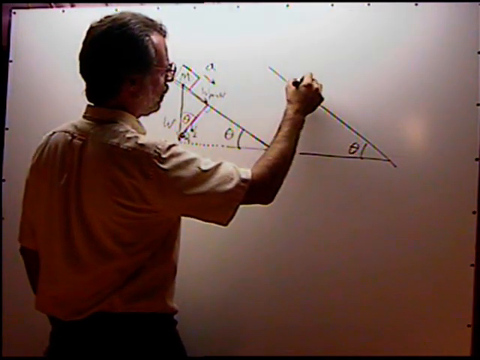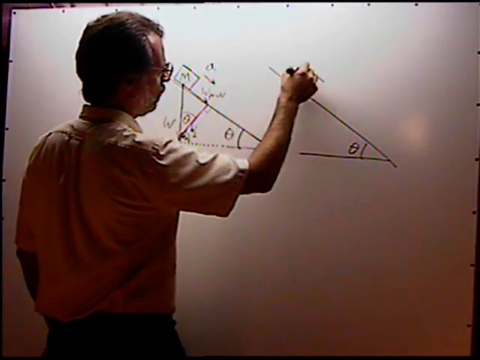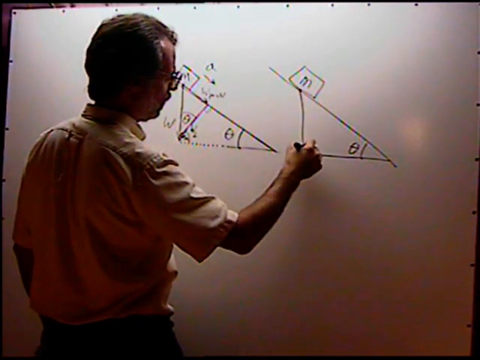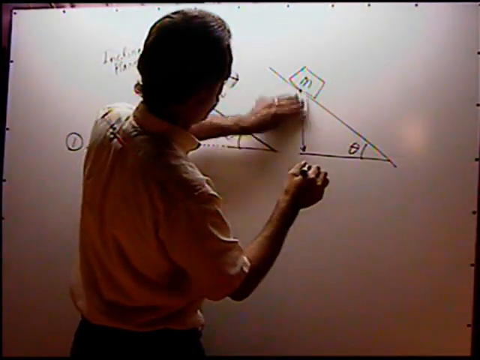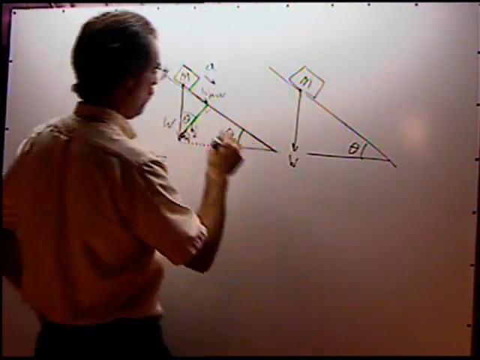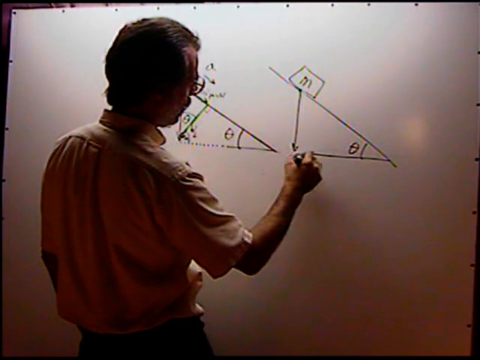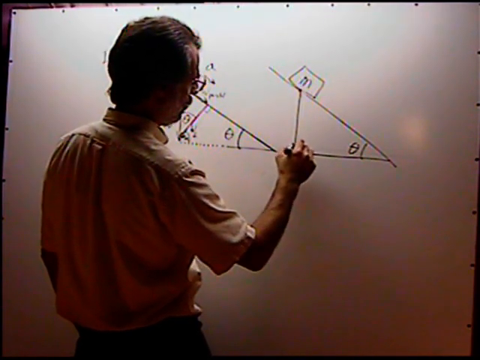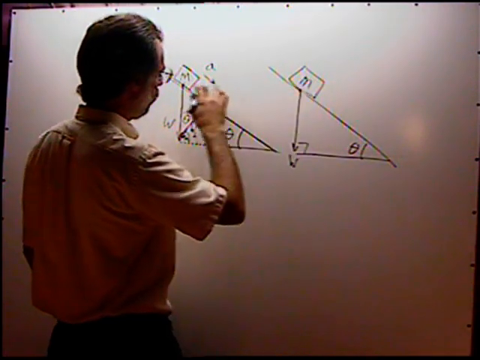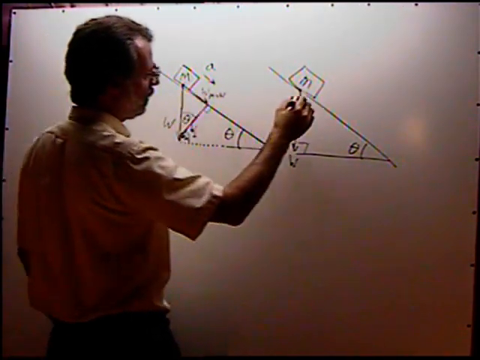If this is the mass, here's the mass, and here's W acting down. I'm going to draw a right angle here. In this case, I'm going to break it up the same, parallel and perpendicular, but draw it like this.